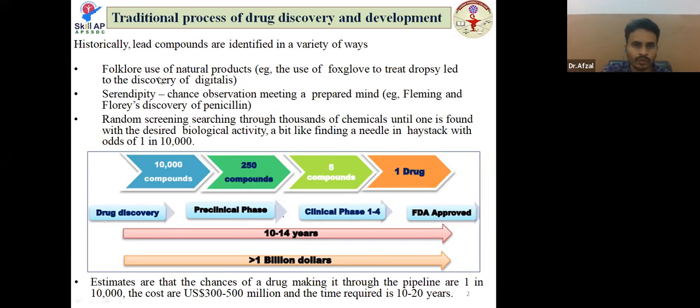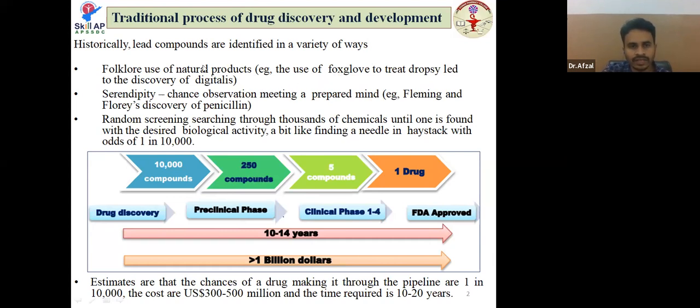That is called folklore use of natural products. Physicians used certain plant parts and, based on observations, said this is used for so and so. This led to the discovery of the plant digitalis, which has glycosides used for the treatment of congestive heart failure.